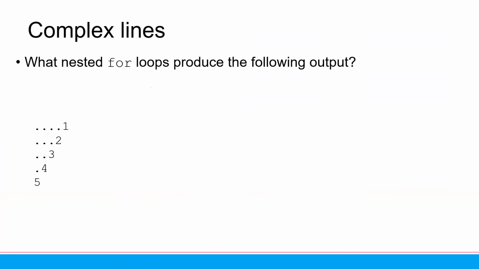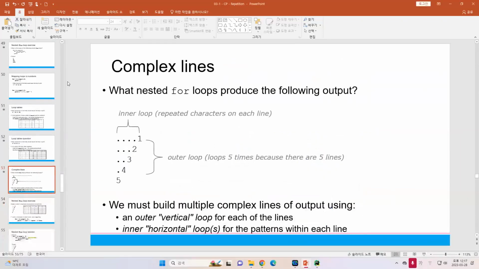How can we create this one with the for loops? We have the inner loop and we have the outer loop. Okay.